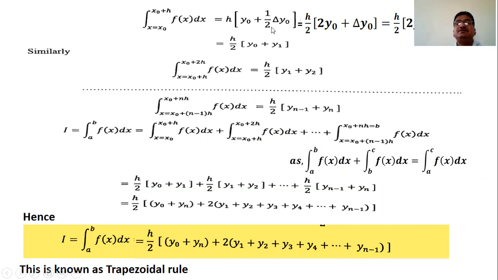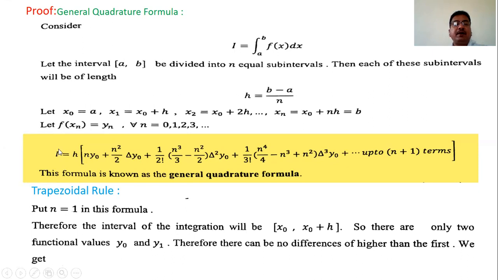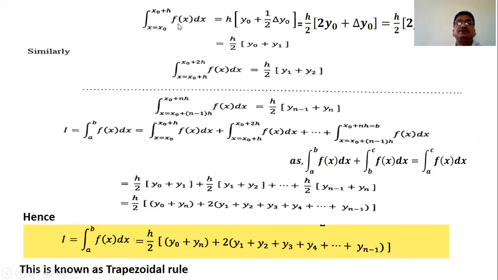And therefore we have this form of the general quadrature formula. The value of I, the integration from a to b of f(x) dx, means x naught to x naught plus h of f(x) dx, because x naught means a, and b is x naught plus nh, but n is 1. So x naught plus h is b. So the integral from x naught to x naught plus h of f(x) dx is h times y naught plus 1 by 2 delta y naught.